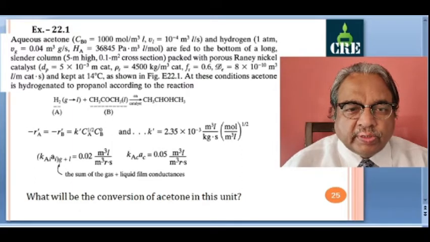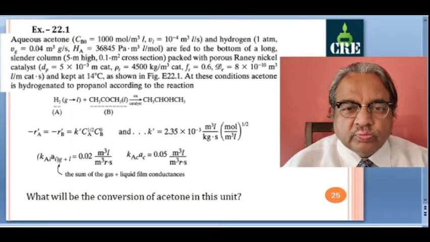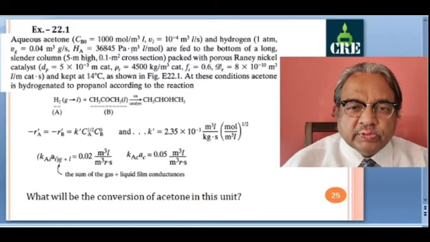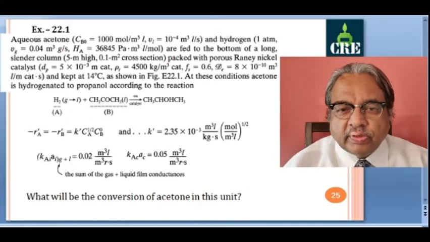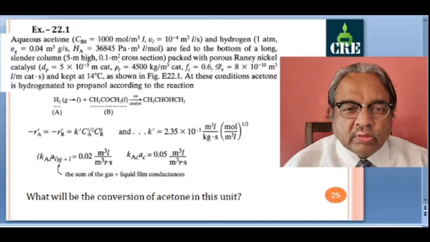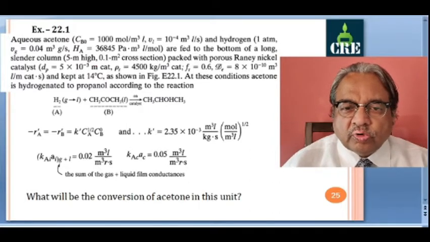So example 22.1, aqueous acetone. Concentration and volumetric flow rates are given, and for hydrogen, again, the volumetric flow rate is given, and Henry's law constant is given. They are fed to the bottom of a long slender column 1 meter high, 0.1 meter square cross section. So you can get the volume from here.